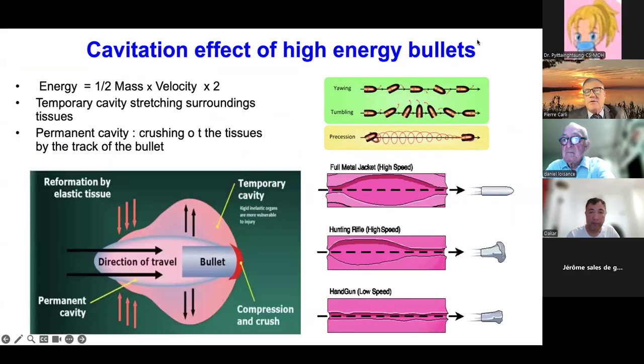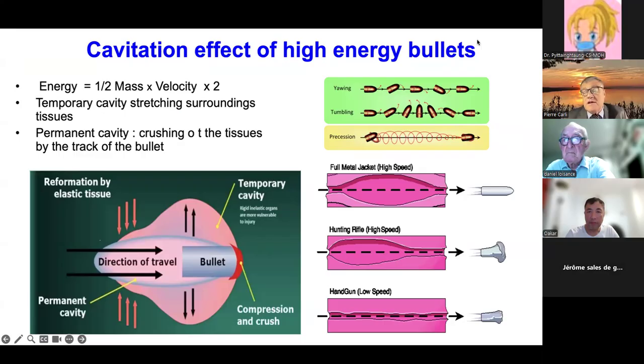The second point is that it's not only the energy, but also the way the bullet travels in the human body, and it gives a lot of problems. One of the most difficult things we have to figure out is that it creates a cavitation effect. So it's not only the trajectory of the bullet; a lot of energy will be dispersed and sent to the body and create a lot of internal lesions. So it's very difficult to see externally what happens.